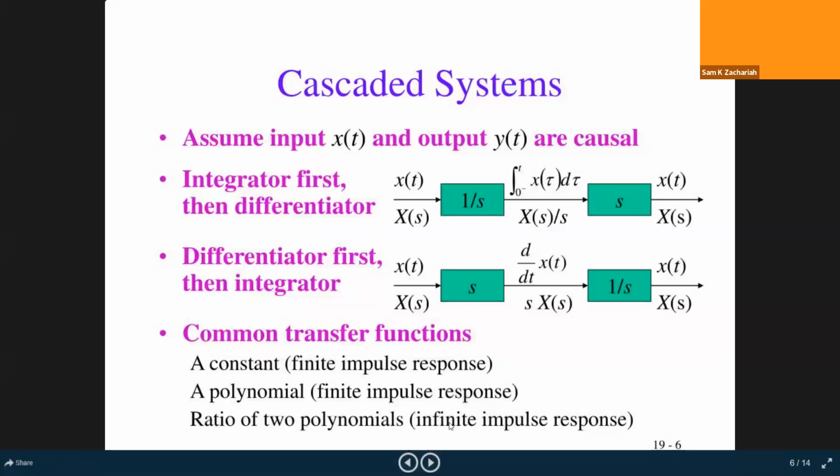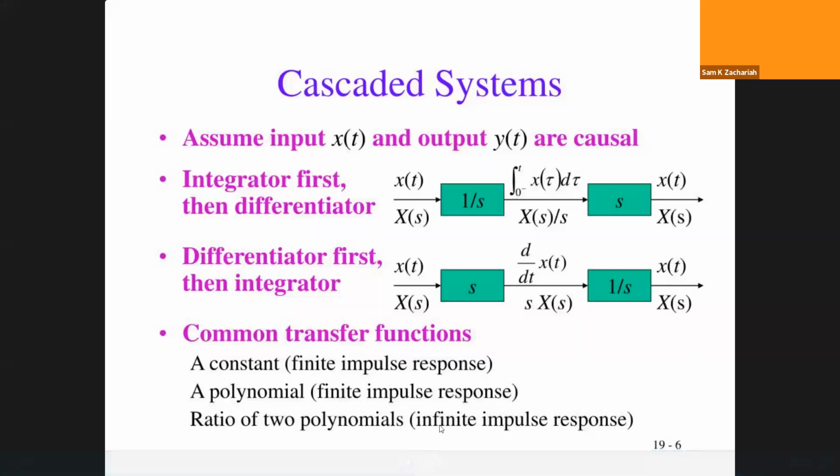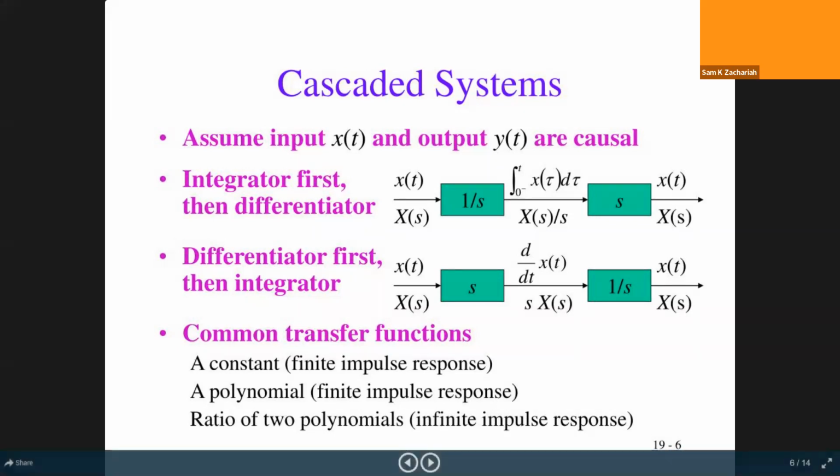A rational polynomial will have infinite impulse response. If we excite such a system with an impulse command, the time domain output will go up to infinite time. It will go towards zero or diverge, but it will take infinite time to settle. Such a system is called an infinite impulse response system.